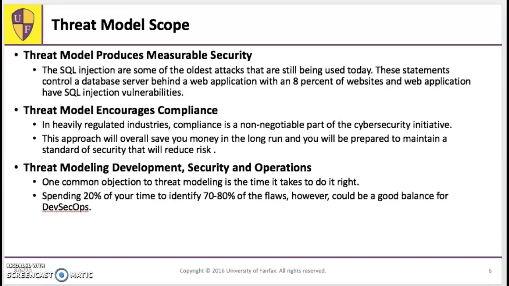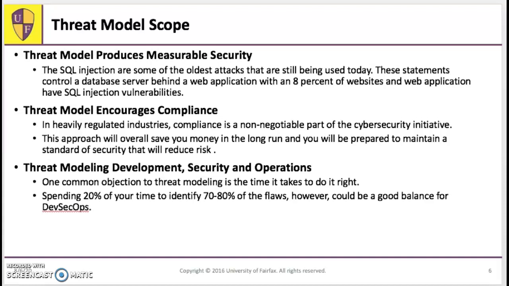So the threat model scope does a lot of different things, and these are some examples. The threat model produces measurable security. So basically, when we talked about SQL injections, I believe in SureSync 2, it is one of the oldest attacks that is still being used today.